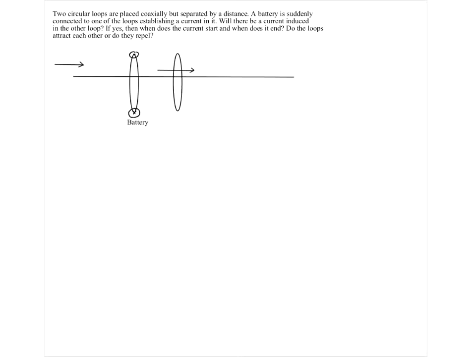Right side, right? Here it is dot current, here it is cross. So due to this current, field here should be to the right side, isn't it?